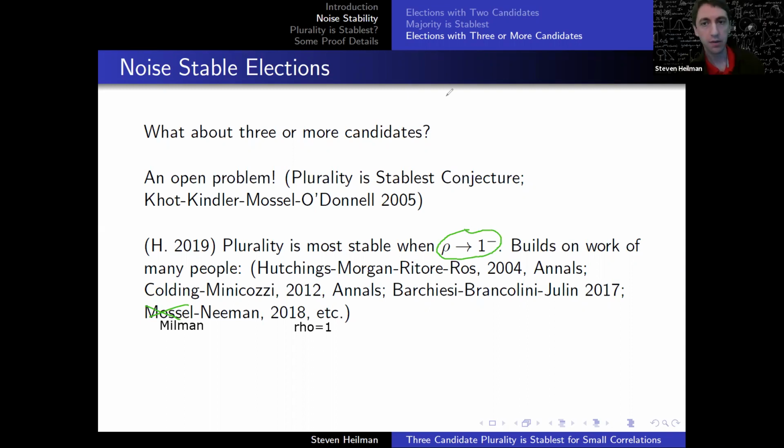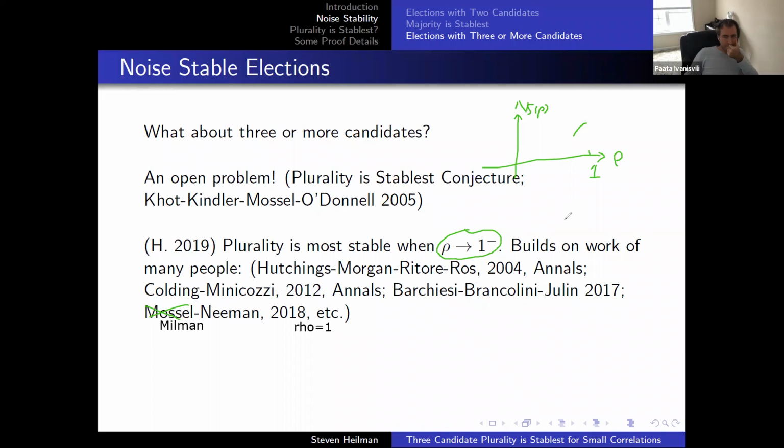Let me try to draw a picture. Say I'm looking at the maximum noise stability, which I'll abbreviate as NS, as a function of rho. Looking at rho near 1, you understand what the value is at the endpoint rho equals 1, but as the correlation goes to 1, the derivative of this noise stability can be interpreted in terms of surface area, in particular Gaussian surface area, in the limit as n goes to infinity.